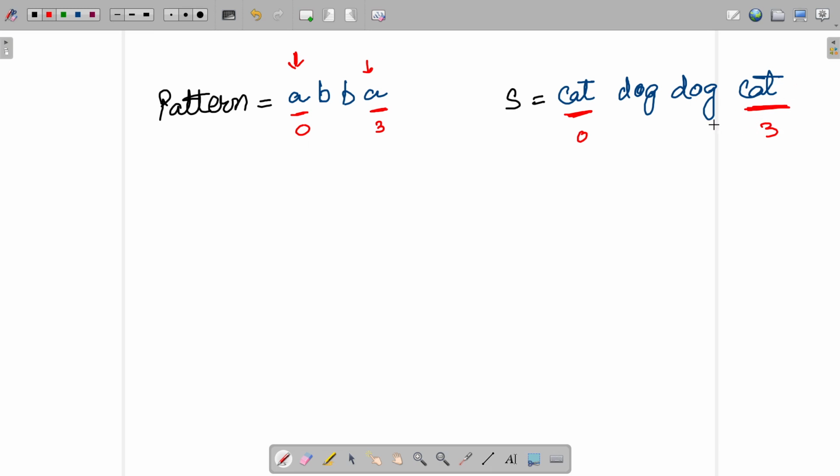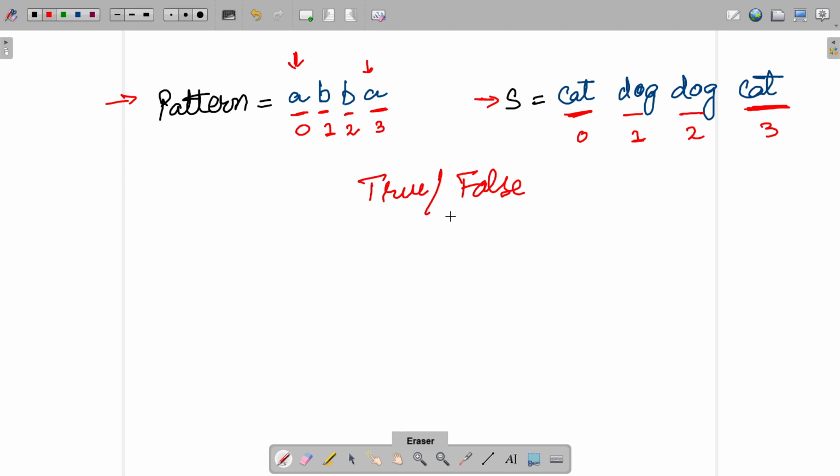Similarly, if B is equivalent to dog, which is present at the first index, then this B is repeated at the second index, and this dog is also repeated at the second index. We have to verify whether the string follows the pattern. If it follows, we return true, otherwise we return false.